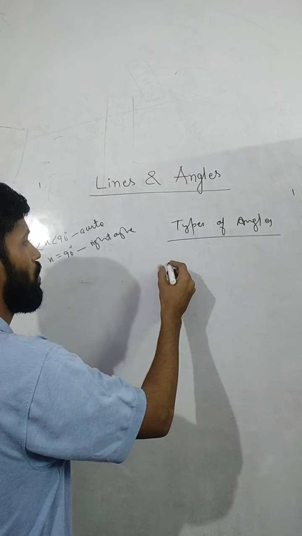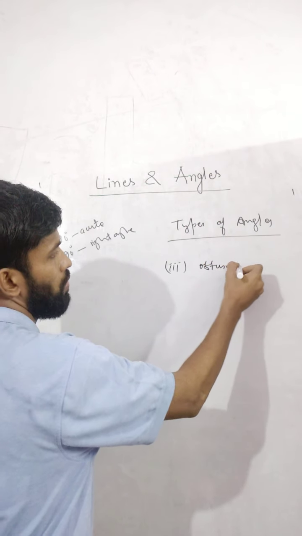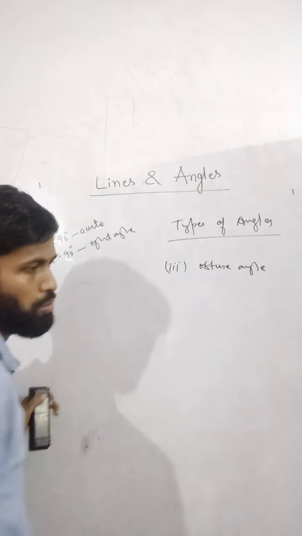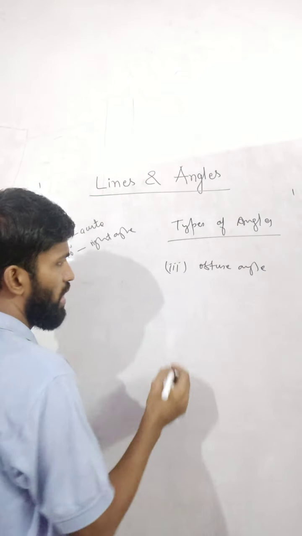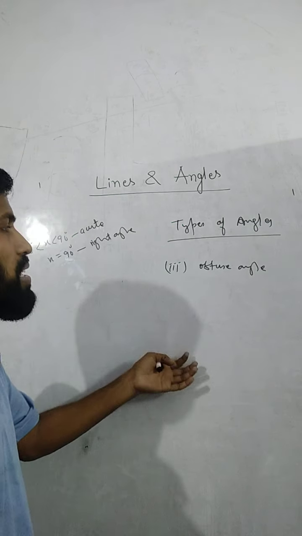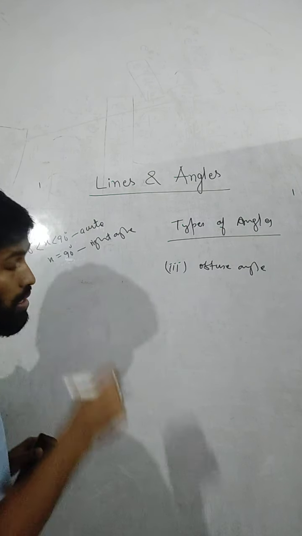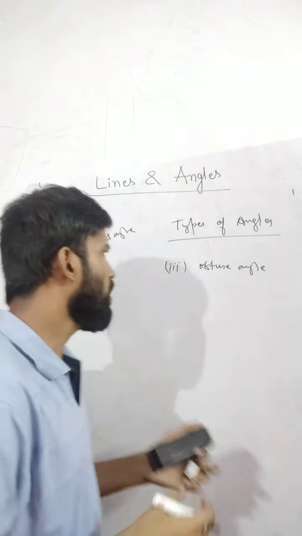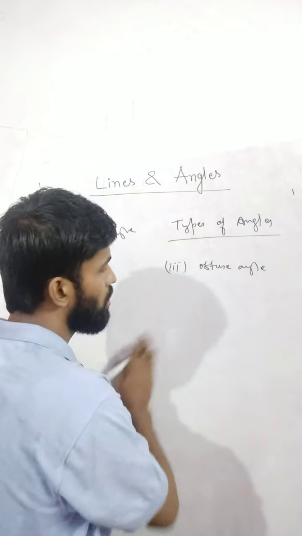Next, what's next? Obtuse angle. What is an obtuse angle? An angle which is greater than 90 degree but less than 180 degree is known as an obtuse angle. So how can you represent this?